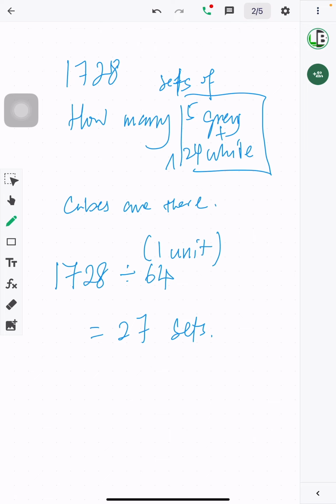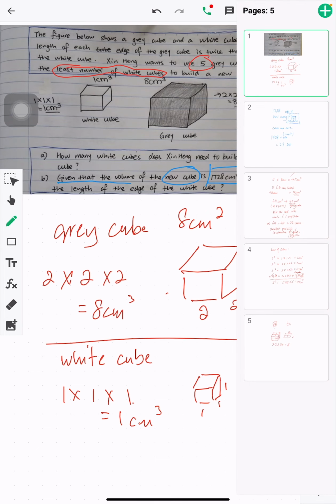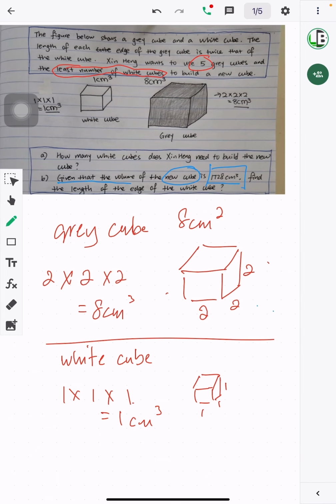So okay, let's look at the question one more time. Given the volume of the new cube, find the length of the edge of the white cube. Okay, so we are not done yet. We got this 27, but we need to find the length.